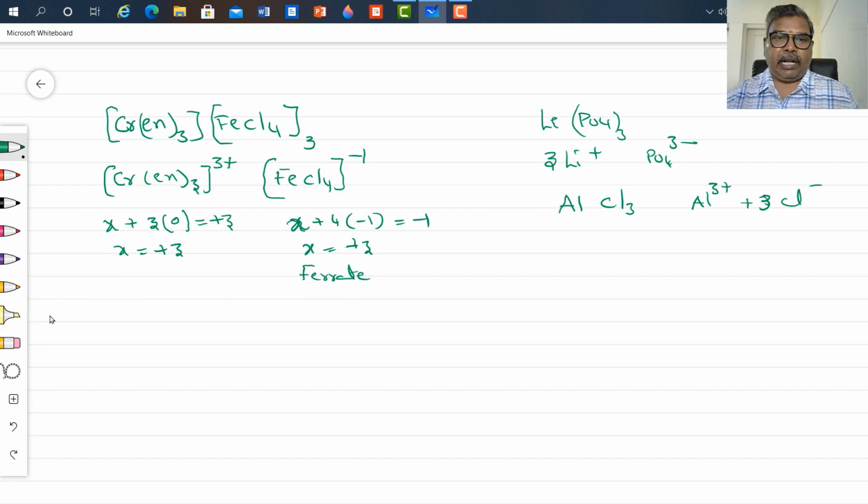Now first write down the cation name. While writing the cation name, remember that first come the ligands.